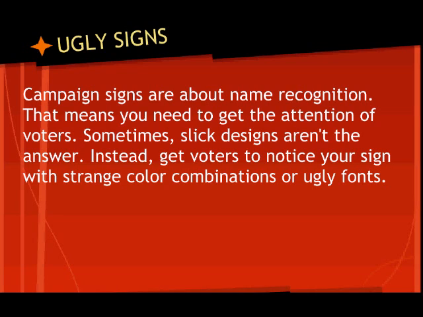And if that's not the case, if there's subtle colors, if there's too much going on on the sign from a design perspective, it might look great, but it isn't going to get the attention of voters. You need big blocky letters, bold colors, and maybe even colors that don't necessarily work well with one another, but that really attract the attention from voters.